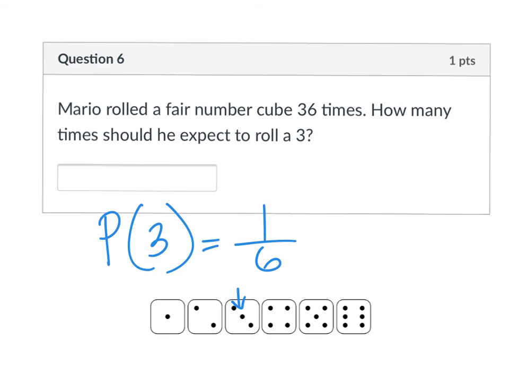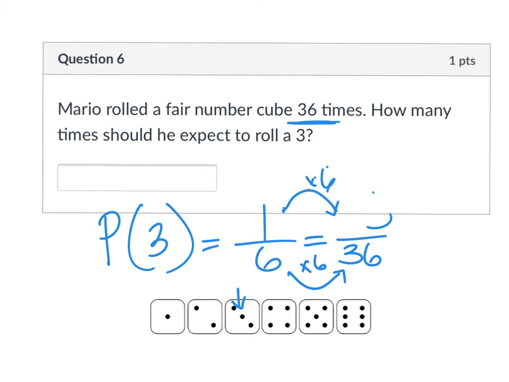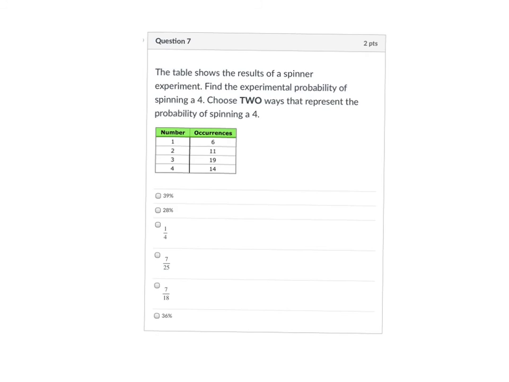To figure out what he should expect if he rolls 36 times, I'm going to write an equivalent fraction that shows 36 times. The first one says if I roll 6 times, I should expect to roll a 3 one time. But this time, I'm rolling 36 times. So I think, 6 times what gets me to 36? 6. And so 1 times 6, he should expect to roll it 6 times.